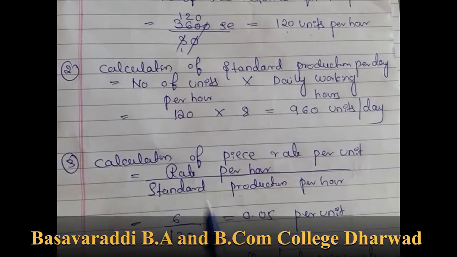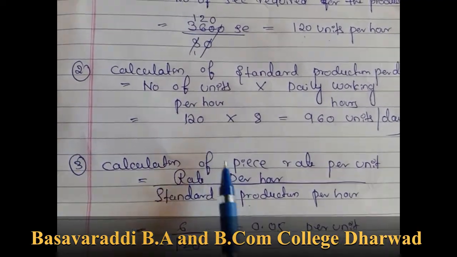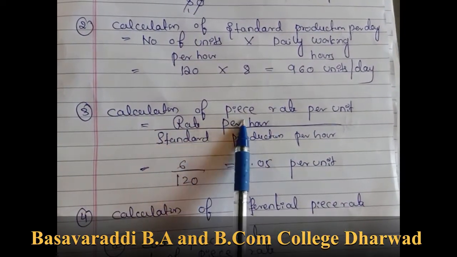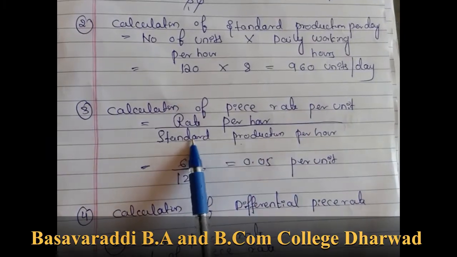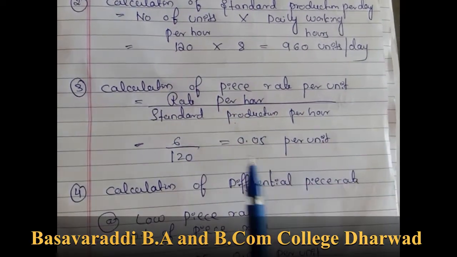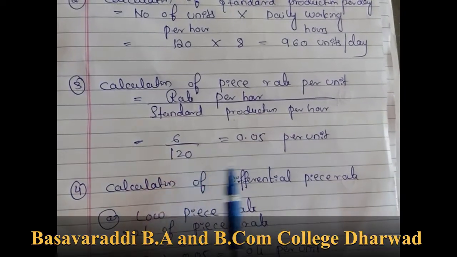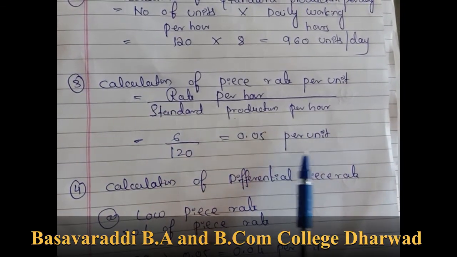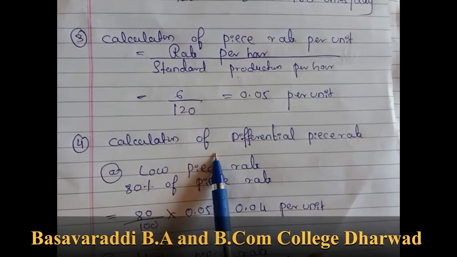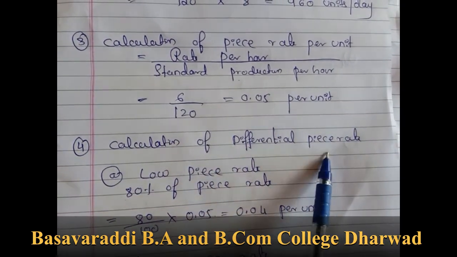Third one, calculation of piece rate per unit. Rate per hour divided by standard production per hour. 6 divided by 120, that is 0.05 per unit. Working note number 4, calculation of differential piece rate.